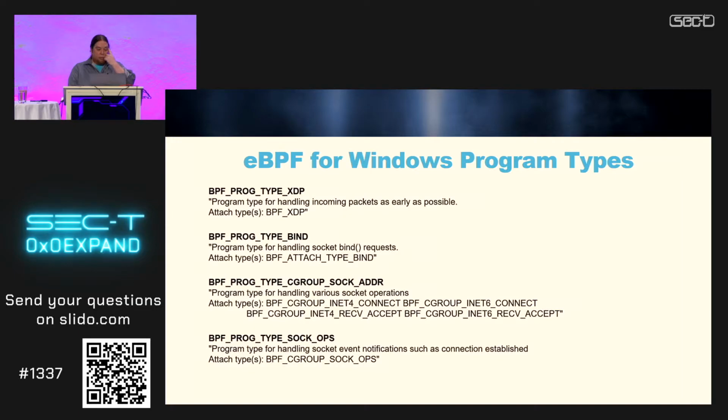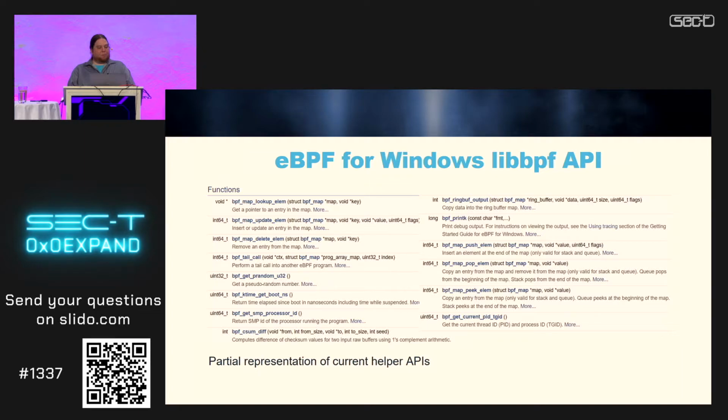So the types of programs, again, XDP is that low layer one. And then there's other specific ones for if there's a socket bind call, you can specifically hook just the binds, and so you can track connections. There's various layers of when you receive or accept packets at the higher layer than XDP, various sock options.